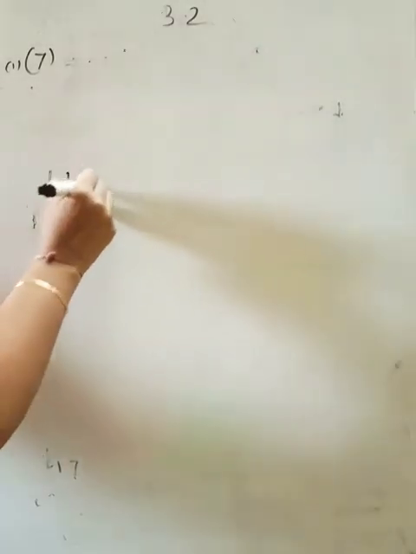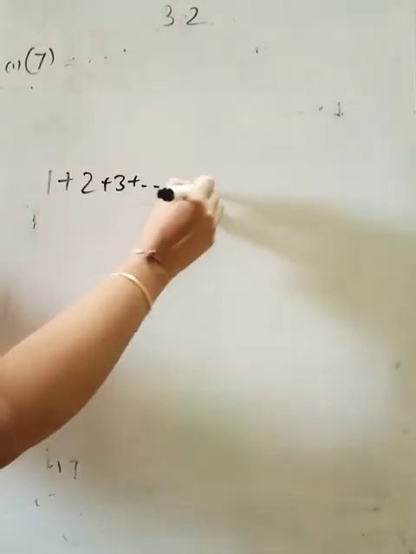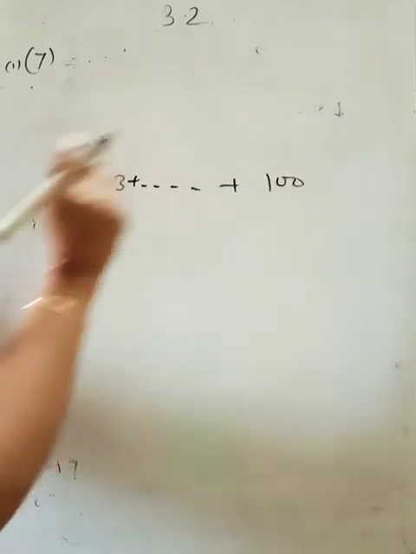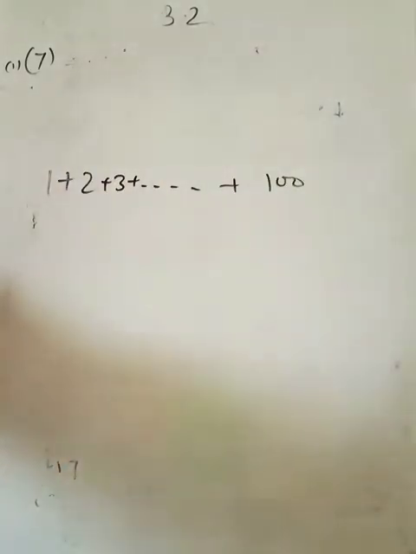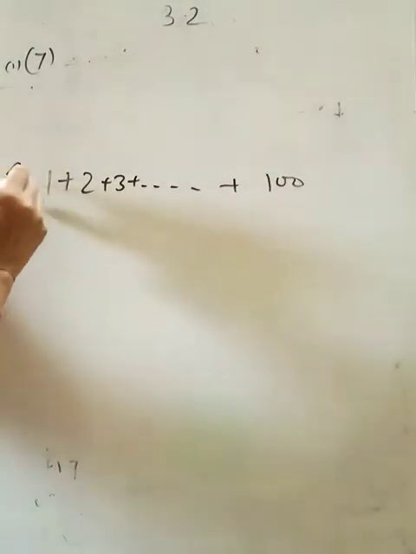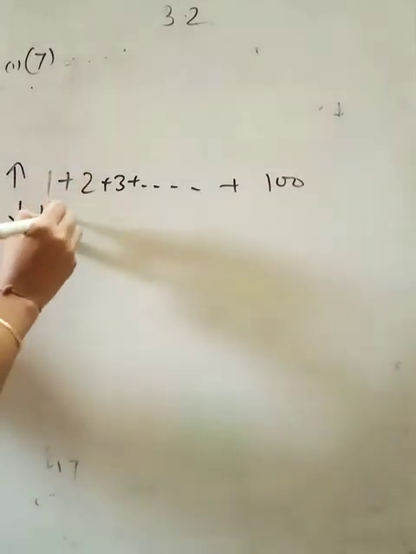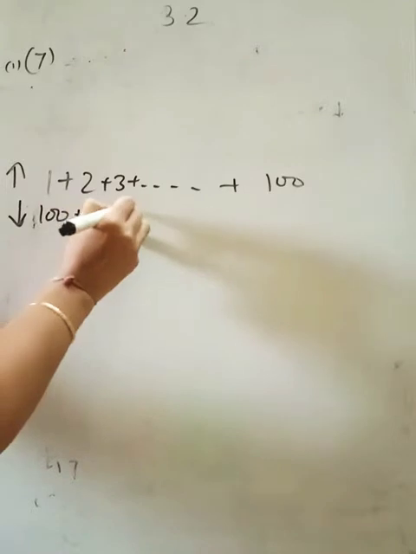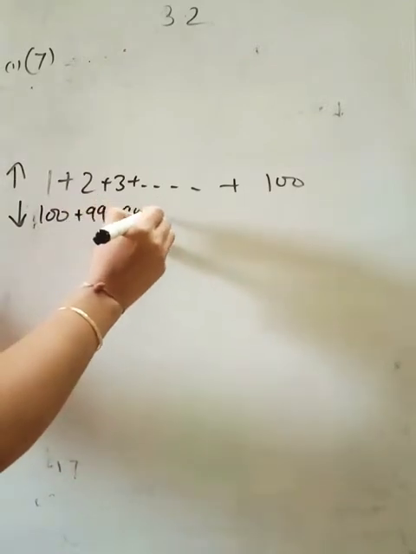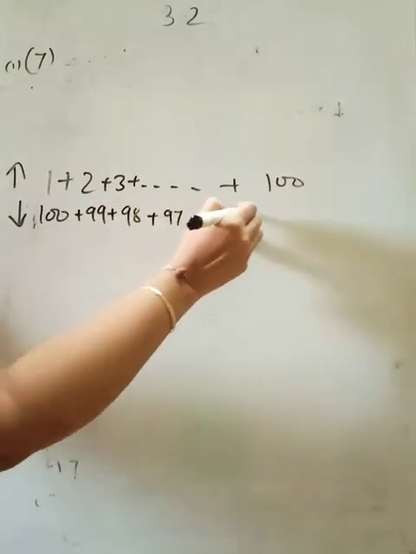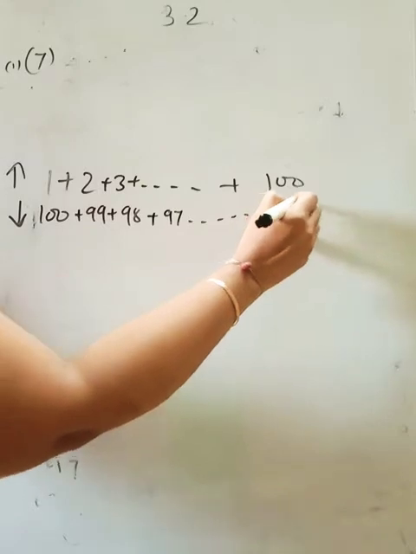So the child told, you have to do 1 plus 2 plus 3 till 100. Correct? So this is my increasing order. If I write the same thing in a decreasing order, it will be 100 plus 99 plus 98 plus 97 and so on till 1.